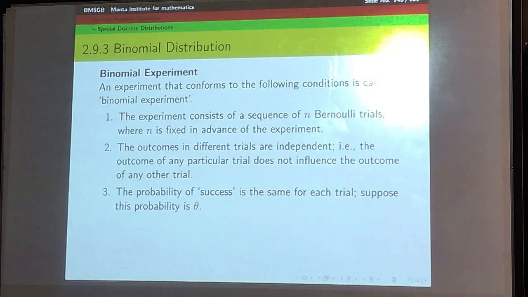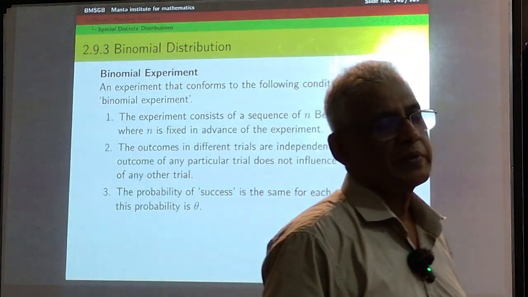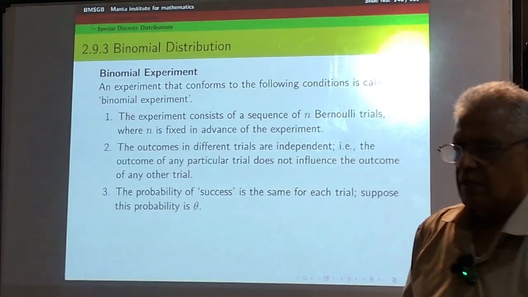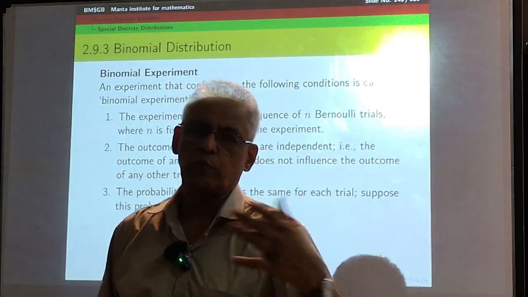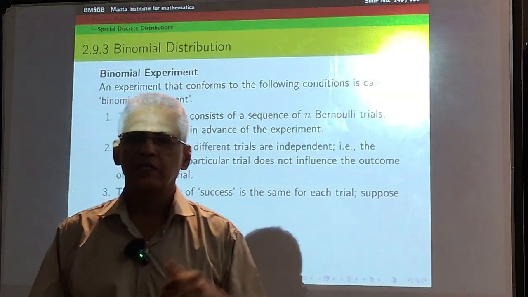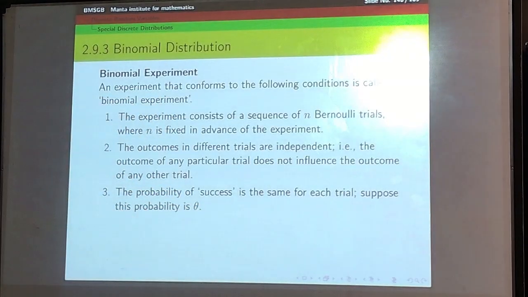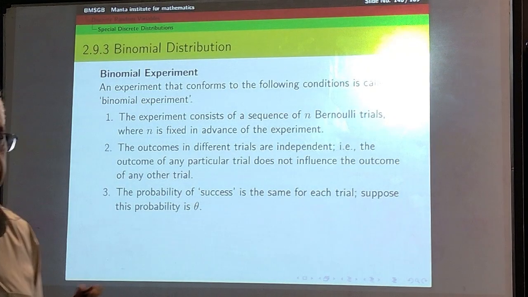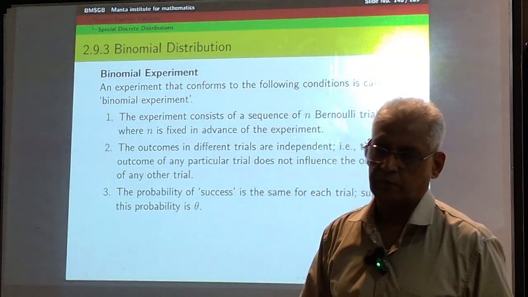So the outcomes should be independent. The third requirement is that the probability of a success should be the same in each trial. For example, if you have probability of success theta in the first trial, in the second trial also the probability of success is theta, and in the third one also. It should not change with the experiment.